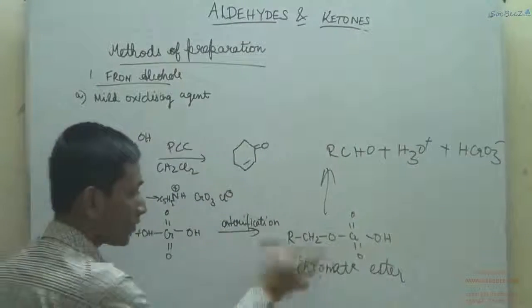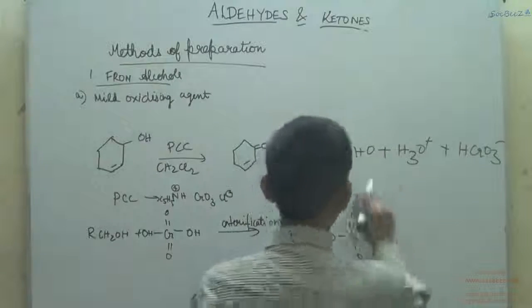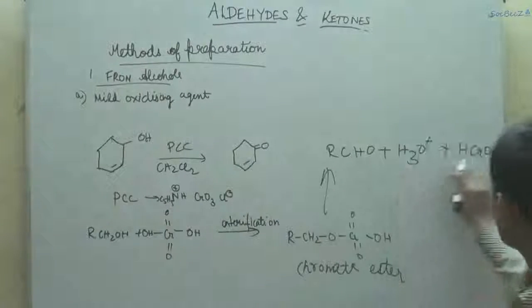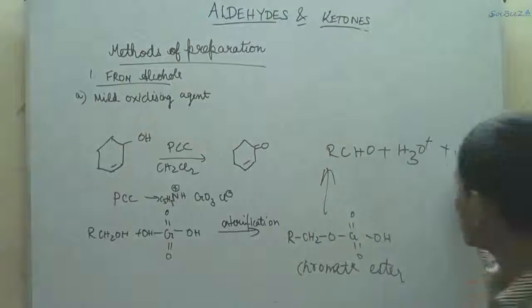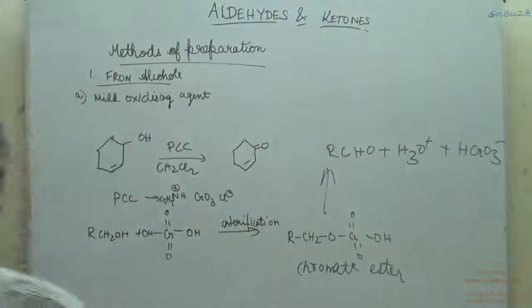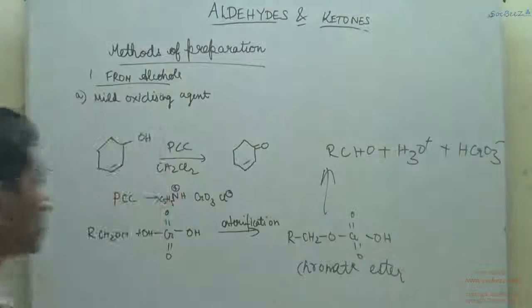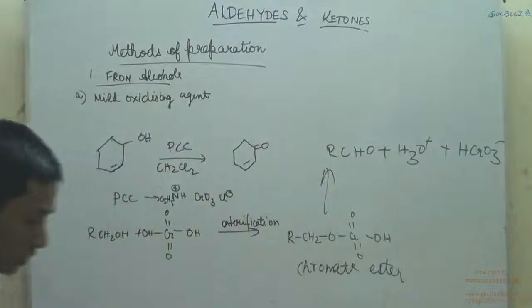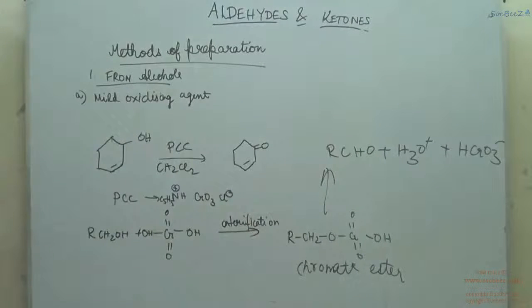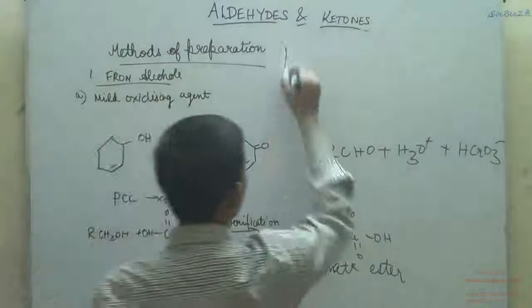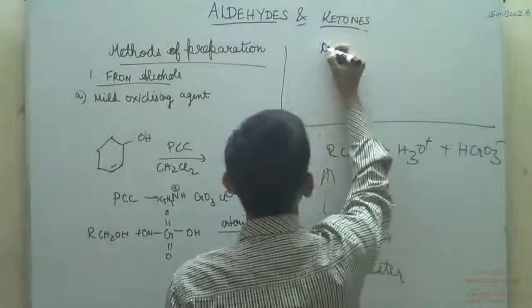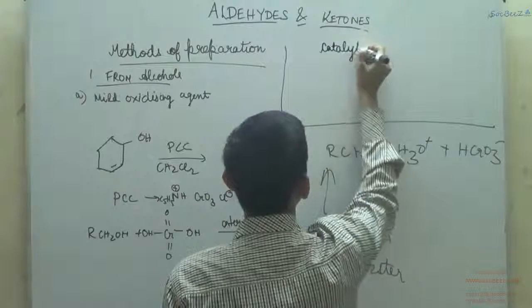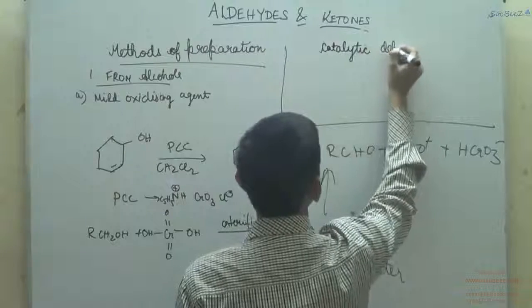Acid plus alcohol forms the chromate ester, and the loss of a proton along with removal of HCrO3- gives your aldehyde. If you use a secondary alcohol, you will get a ketone. So that's basically it. Loss of proton, second step. First step, formation of the chromate ester. Next, I will be going for catalytic dehydrogenation.